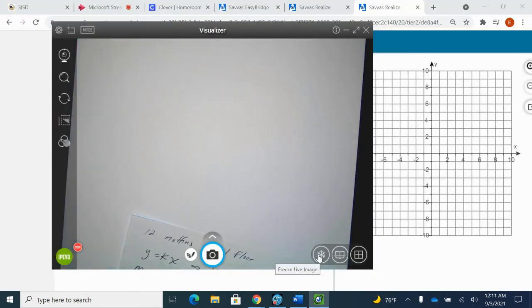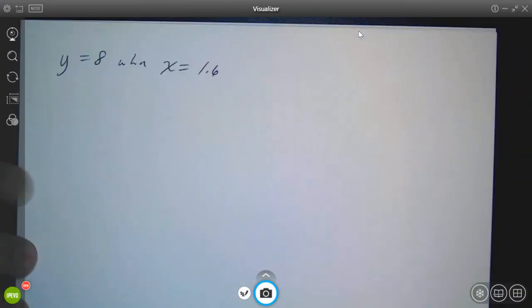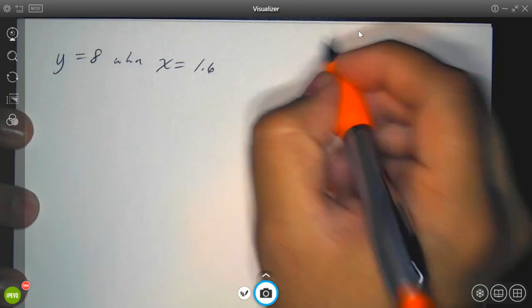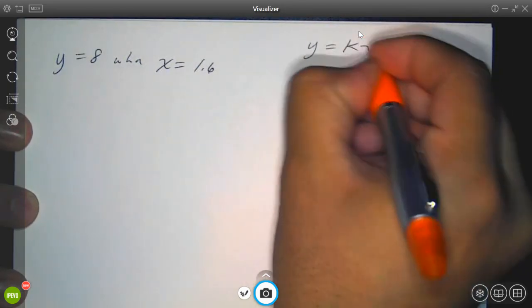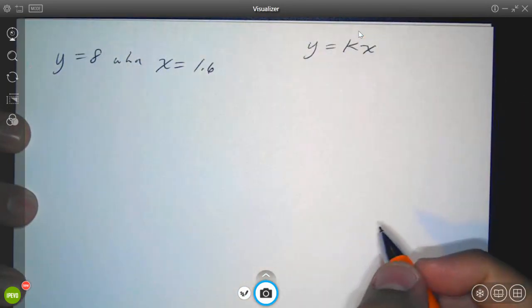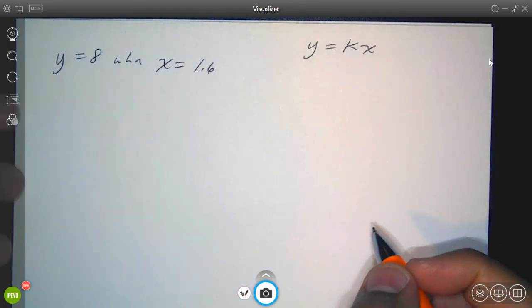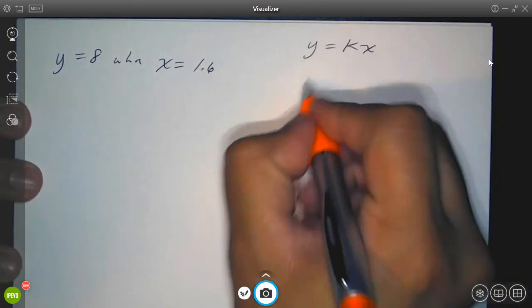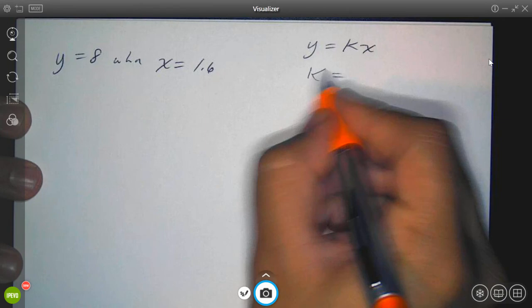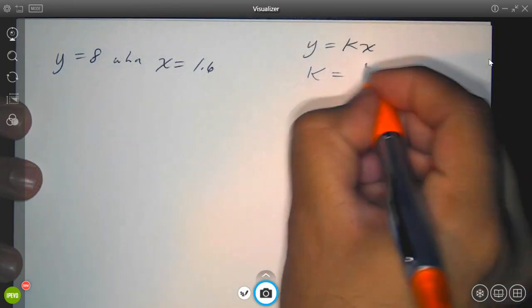They want me to first write the equation and graph it. So the first thing I'm going to do is find the equation. Again, they're telling me that this is a direct variation. Anytime they say that it is a direct variation, we can think of this formula. More importantly, something even easier: the constant of variation, k, is always y over x.